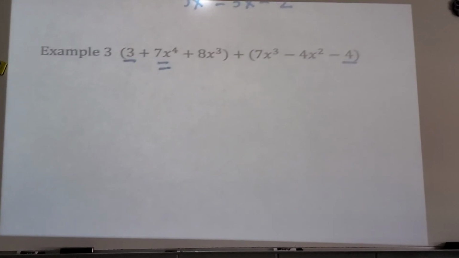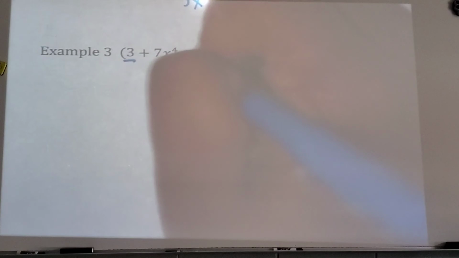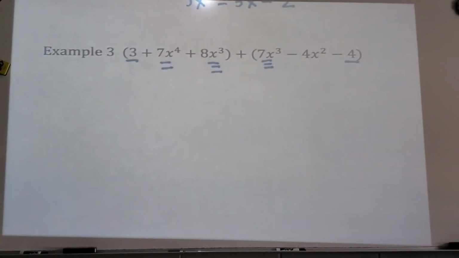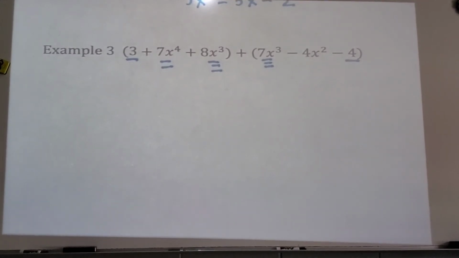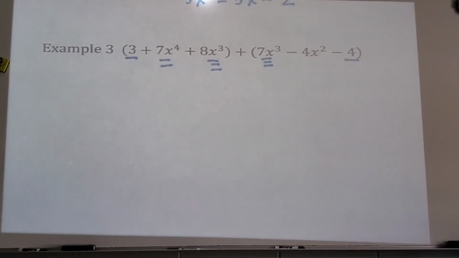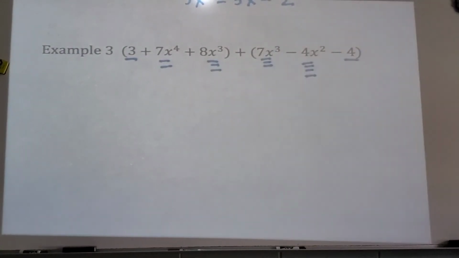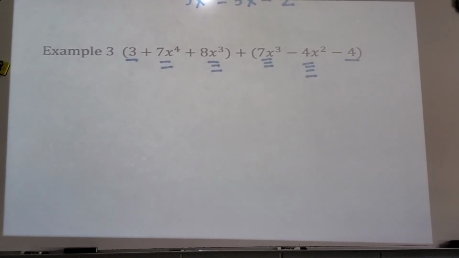So I'm going to put 2 lines under the x to the 4th. 8x to the 3rd, I'm going to put 3 lines there and 3 lines under 7x to the 3rd. Finally, I have a negative 4x squared in the second term.